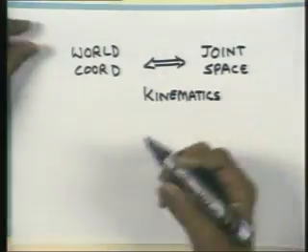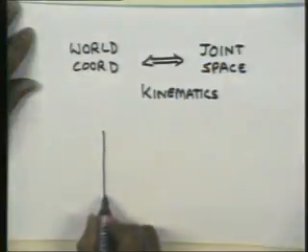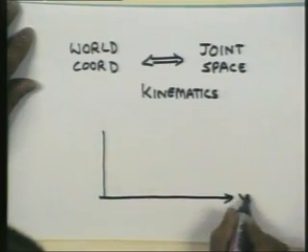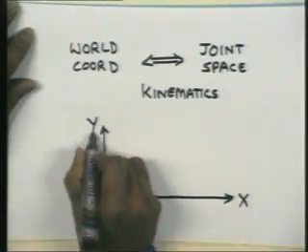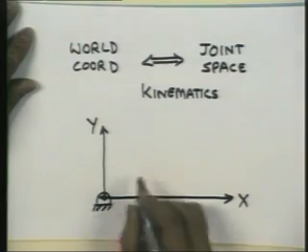When we say kinematics, we are looking at the geometric relationships between the motions of the individual joints through the linkages that are transmitting the motion from the individual joints to the end effector. So if we look at, for example, a simple planar 2R manipulator, you may have the global xy coordinates. You look at a simple 2R manipulator.